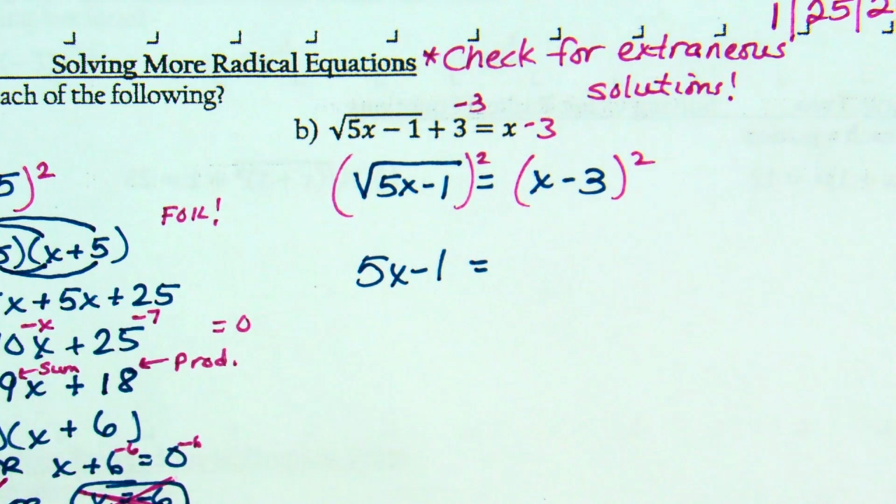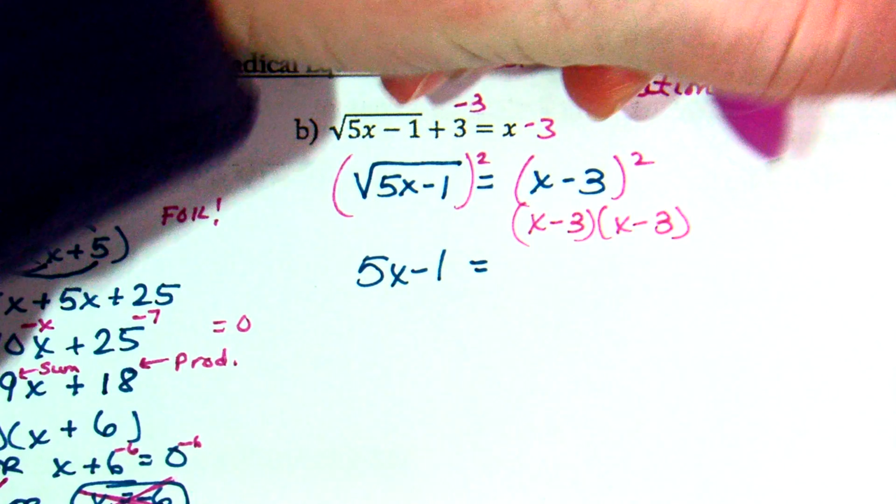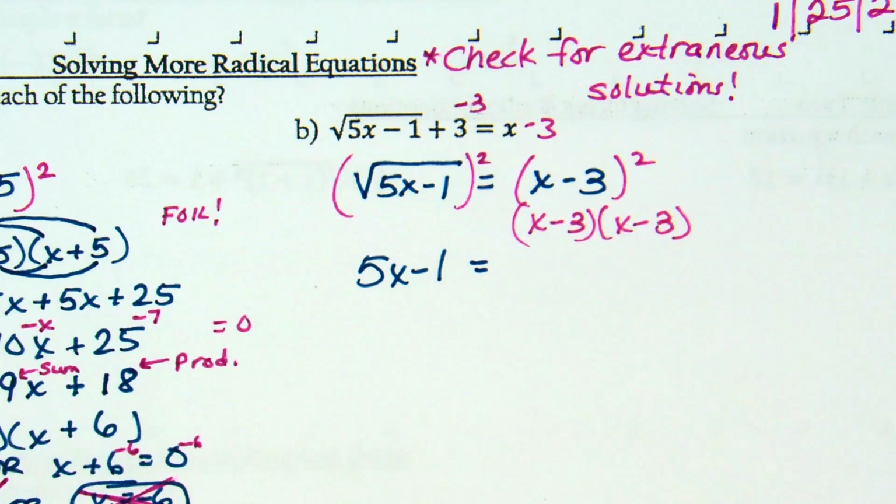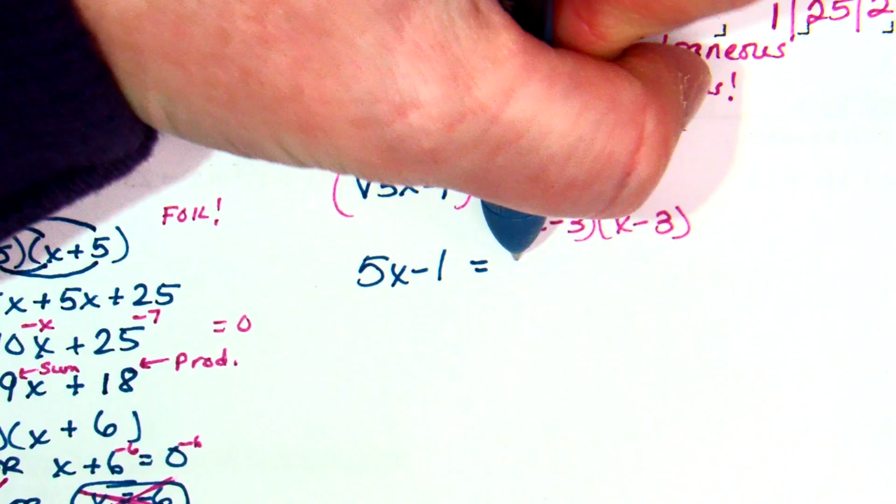Okay, FOIL. x times x is x squared. Outsides, x times minus 3, minus 3x. Now, how talented are you? Can you hold that minus 3x in your head and then get the next one and go ahead and put them together? I'd like to if you'll let me.